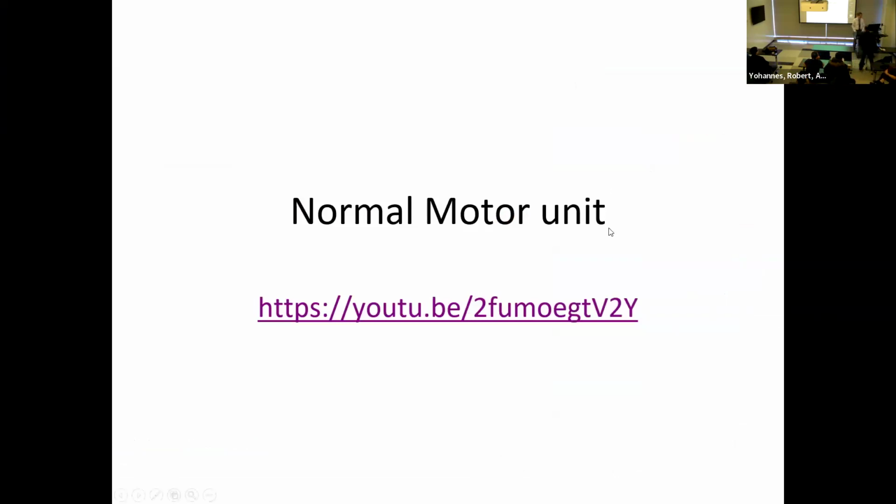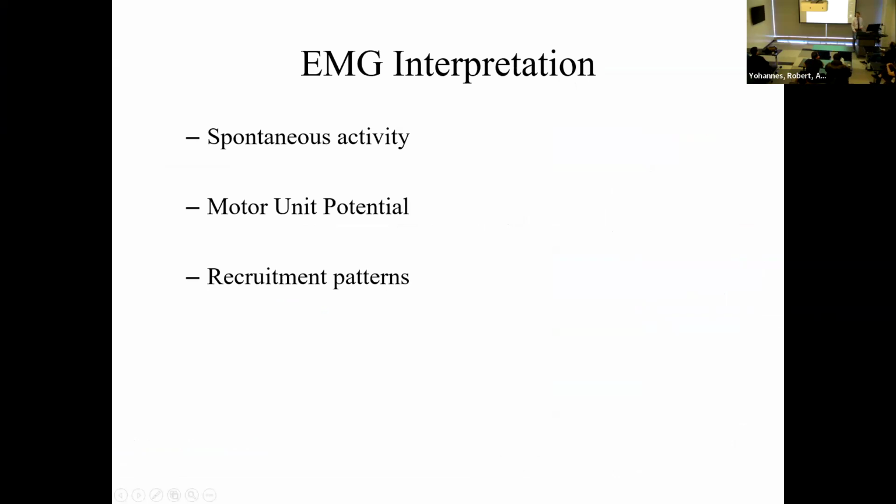Okay, all right, so that's a normal motor unit. That's kind of the basic currency that we're going to look at. Now we have to think of what things we want to analyze when we look at a strip like that. There are 3 steps.